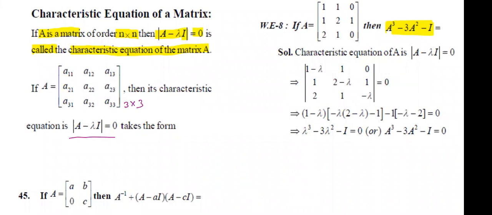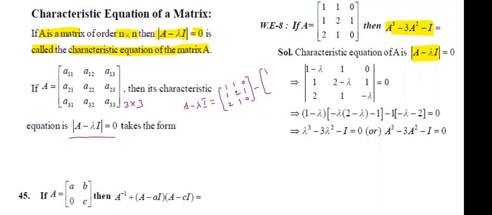The characteristic equation of A is det of A minus lambda I equals 0. How to write that? A minus lambda into I, where I means the identity matrix. What is the A matrix first? 1, 1, 0; 1, 2, 1; 2, 1, 0, minus lambda into I. The identity matrix, as you know very well, is 1, 0, 0; 0, 1, 0; 0, 0, 1.